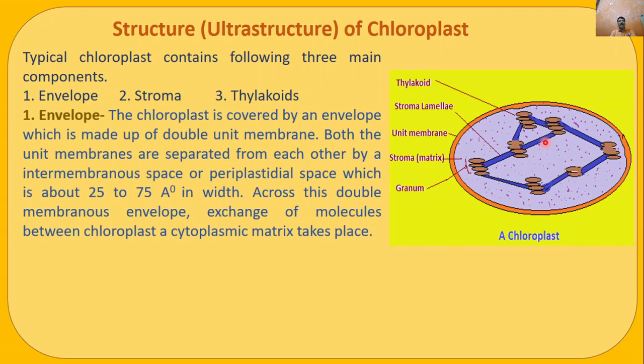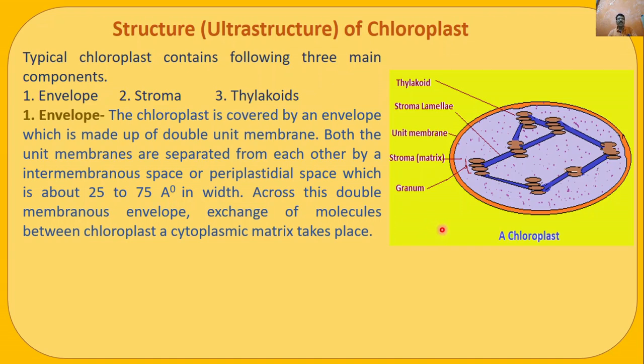First of all, we'll see the envelope. The envelope is nothing but the outer covering of the chloroplast. This envelope is made up of a double unit membrane. Both the unit membranes are separated from each other by an intermembranous space. So here you can see this is the inner membrane and this is the outer membrane, and they are separated from each other by the intermembranous space, or periplastidial space, and this space is about 25 to 75 angstrom in width.